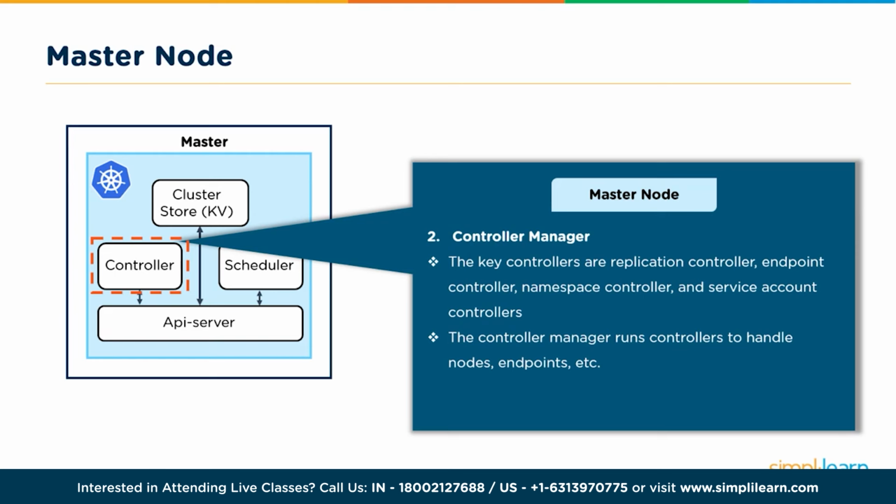If any user asked for 3 replicas of a particular pod or a service to be running, and if any of the nodes goes down or the pod goes down for whatever reason, the controller is the one who wakes up and assigns this particular job or the pod to some other available node by looking up the details in the cluster store. That's the importance of the control manager or the controller.